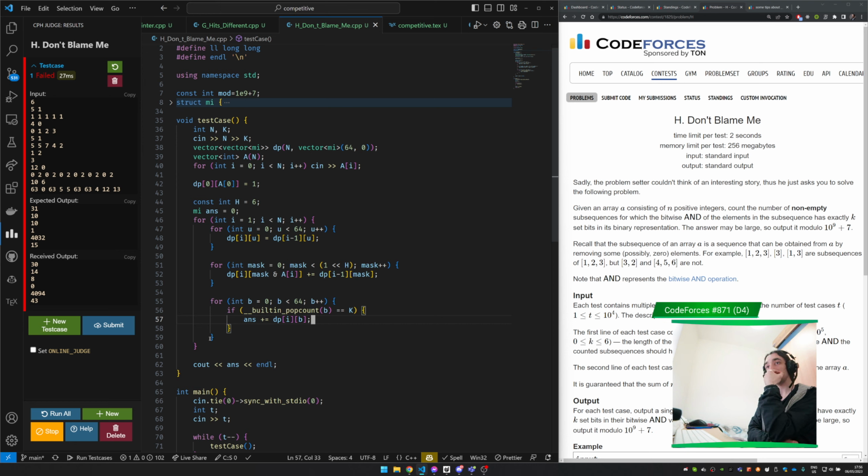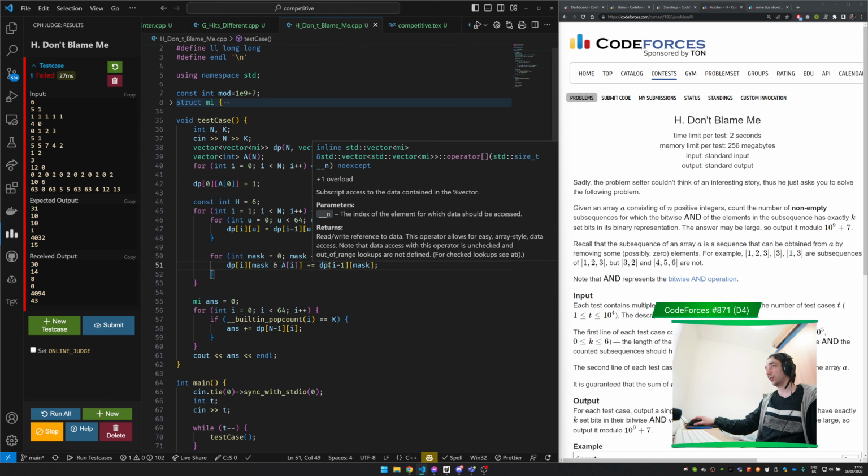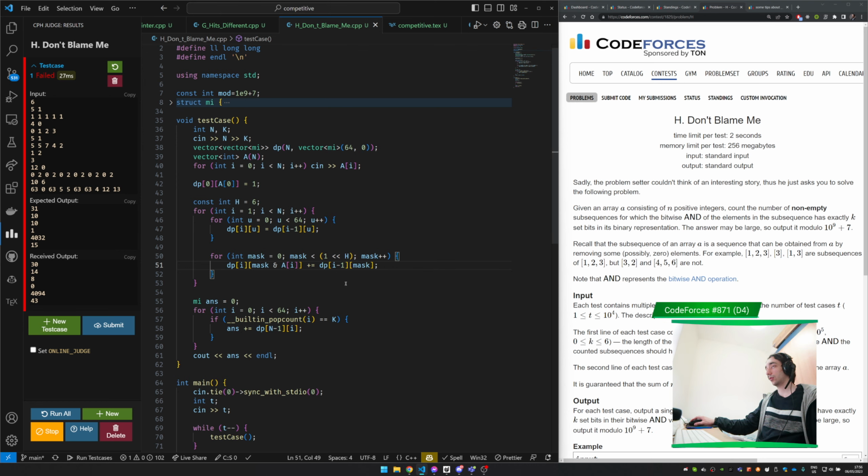I mean, why would I sum up when I'm copying out these here? I'm copying out every dp here. The mask and a of i is... so if I have one bit here, then the end of this could also be here.